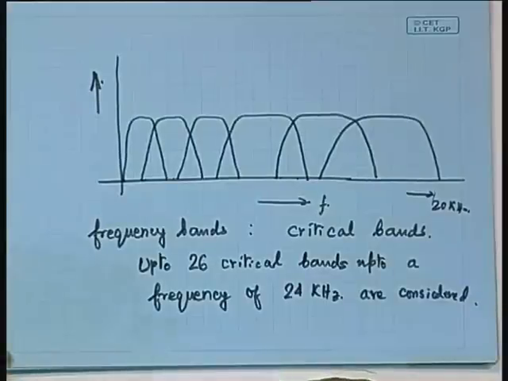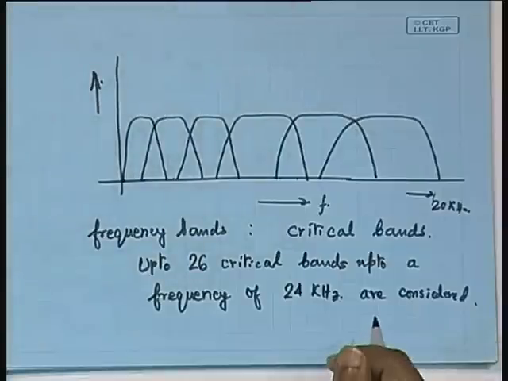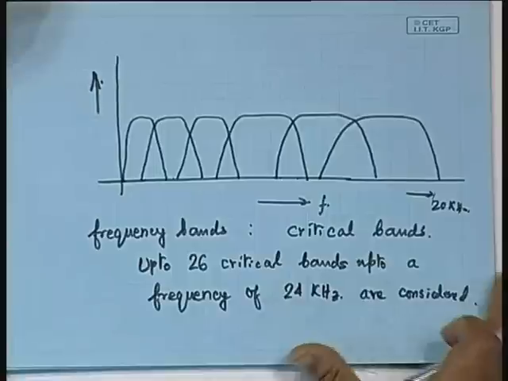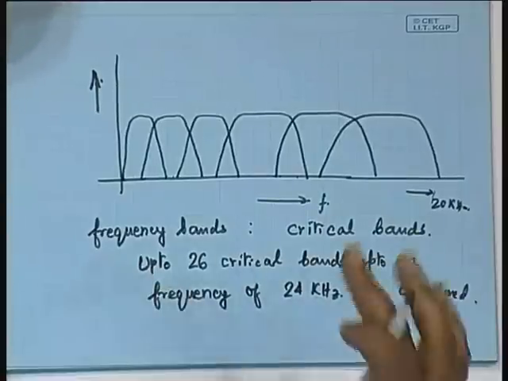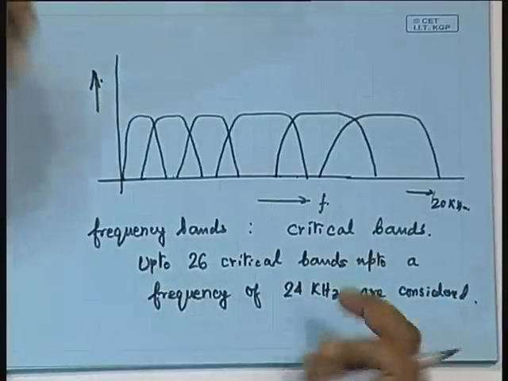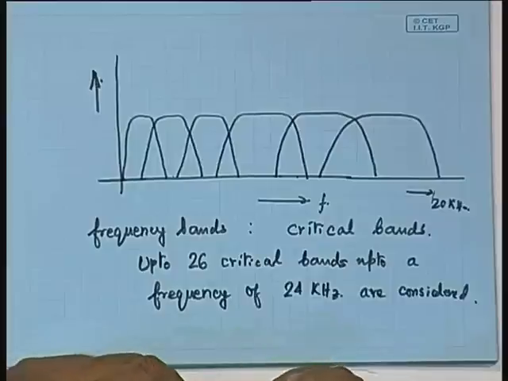So, this is the first point to be noted: the human auditory system is modeled as a bank of band pass filters.